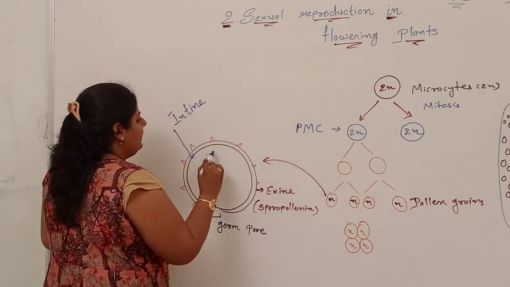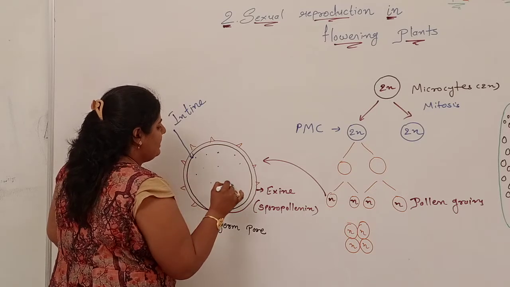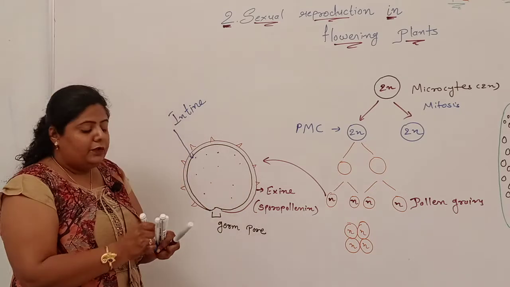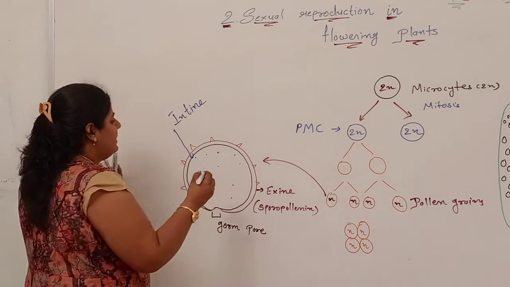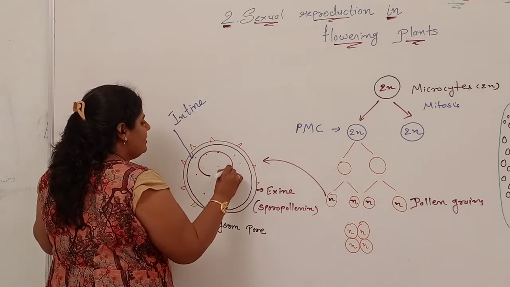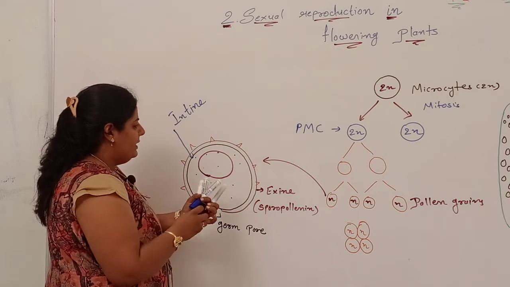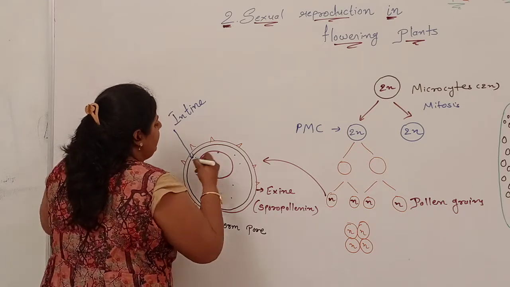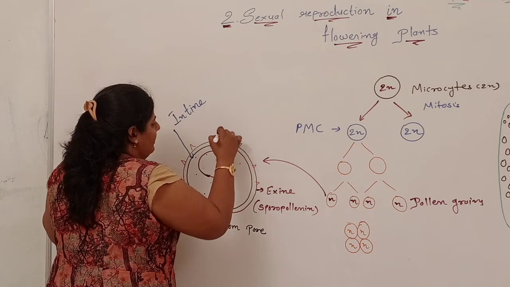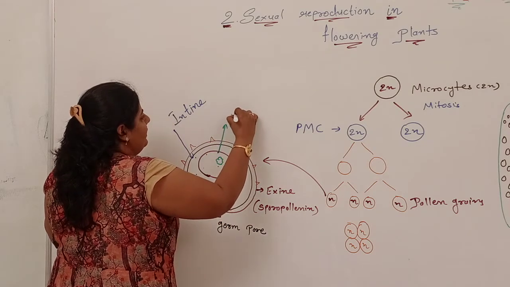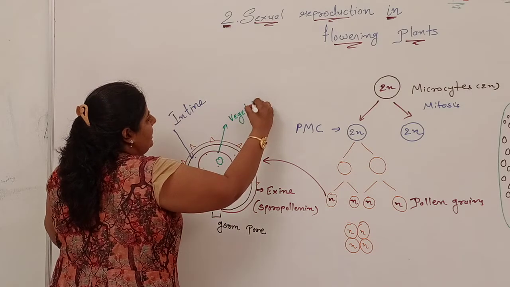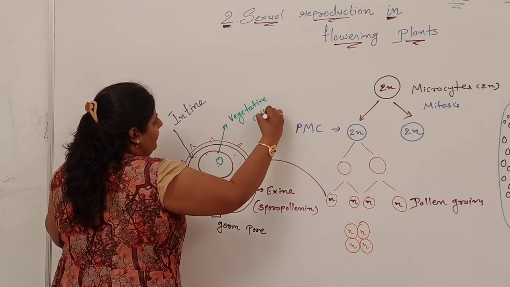This pollen grain contains dense cytoplasm and 2 cells. One cell is large in structure with high storage of food and contains an irregular nucleus. This cell is called the vegetative cell.